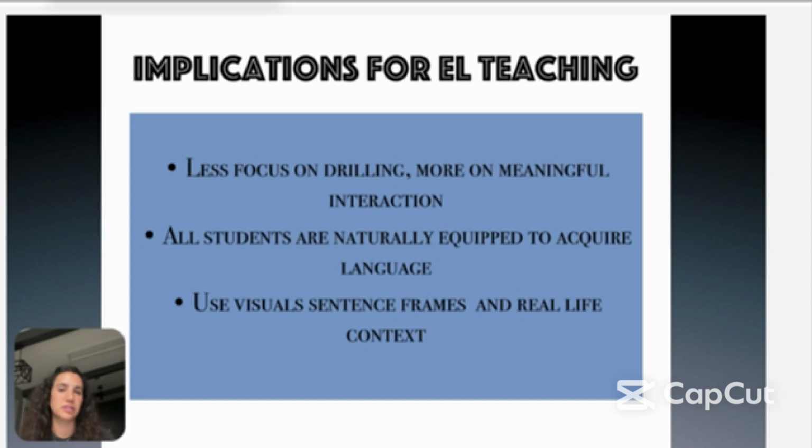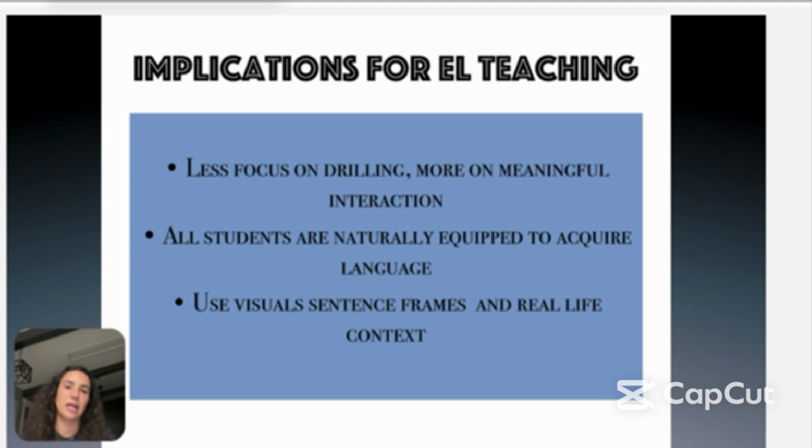So moving on to implications for teaching English learners. We're going to connect nativism to teaching English learners. Because language is something students are naturally equipped to learn, our role as teachers is to create an environment where language is really being used in a meaningful way.